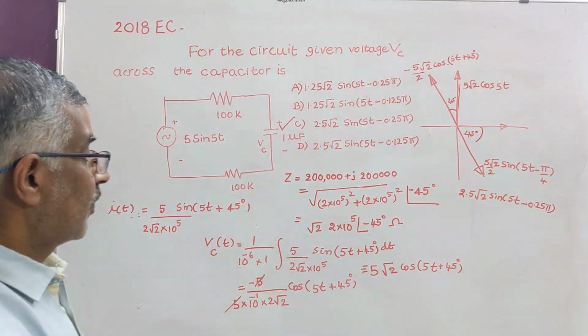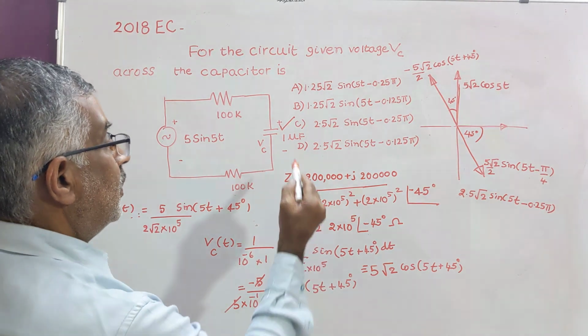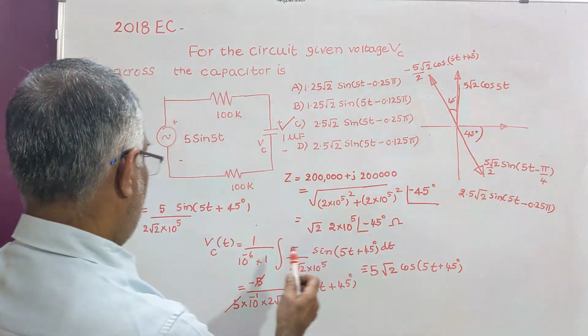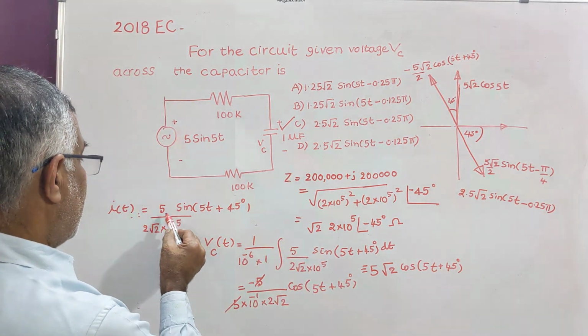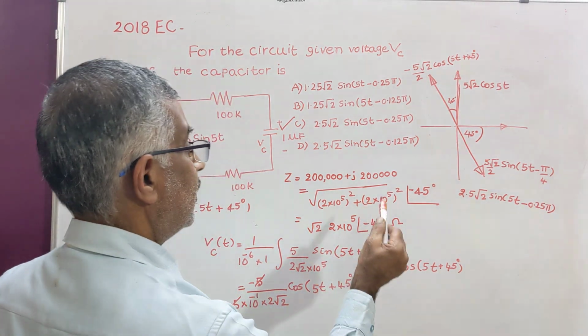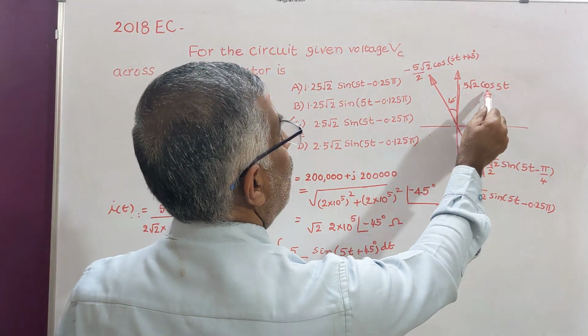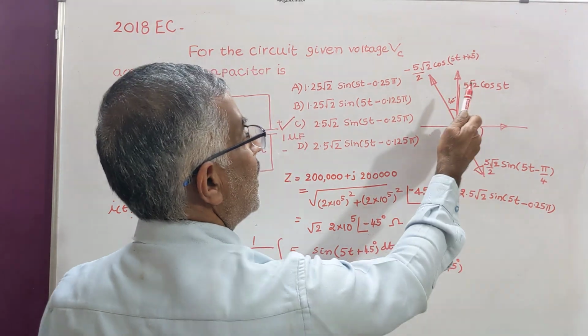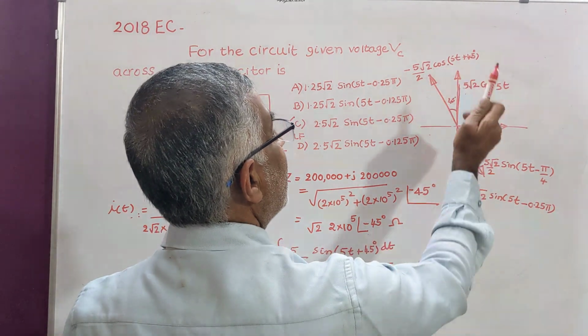So first this is 5 root 2 cos 5t, cosine wave. Cosine wave leads the sine wave by 90 degrees.